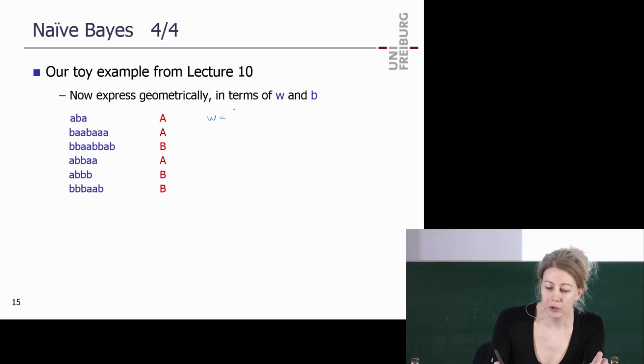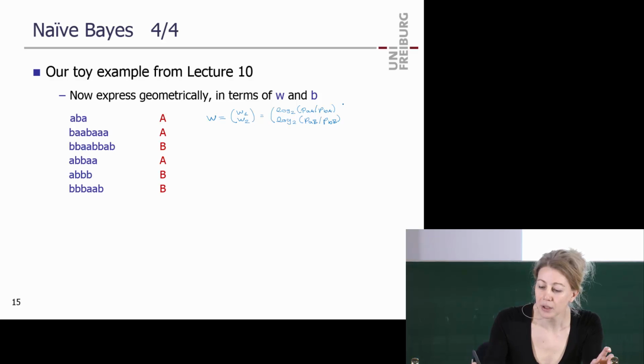So now W is equal to W1, W2. We are in 2D, right? Which means, and this is now log 2 of PAA divided by PBA. This is what you have to prove. And this is log 2 of PA class B divided by PB class B. Yeah?